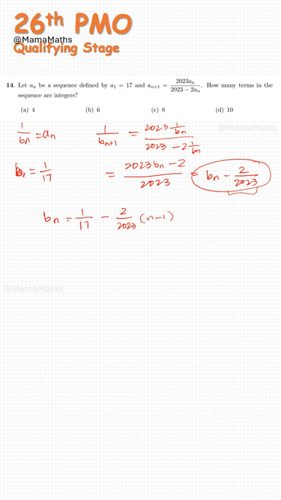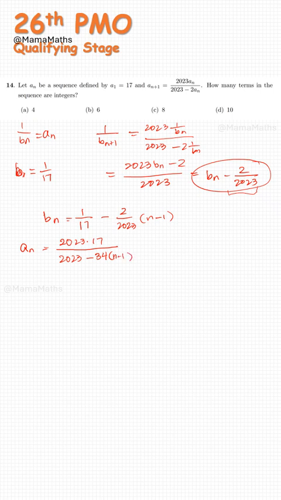Now, if you want to go back to a sub n, find the common factor. That's 23 and 17. So 2023 times 17 over a denominator of 2023 minus 17 times 2, that's 34, times n minus 1.